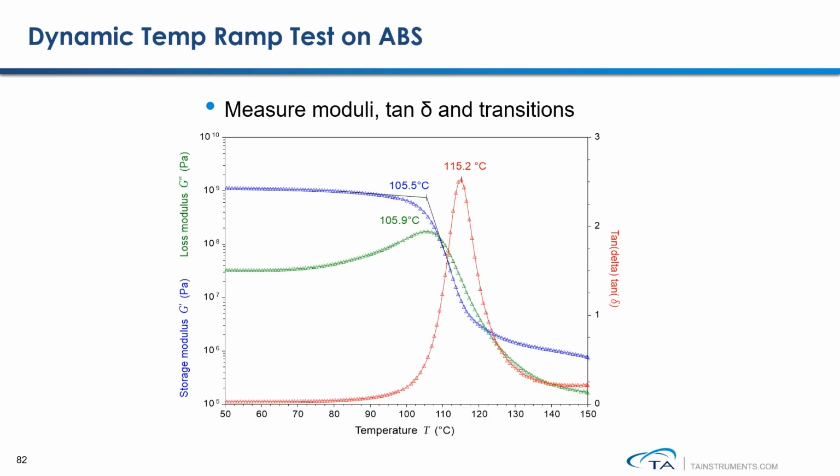Here is one example showing the dynamic temperature ramp test results on a polymer ABS sample. From these measurement results, you can monitor sample storage and loss modulus change as a function of temperature. Also, a glass transition is observed at a temperature around 100 degrees C.